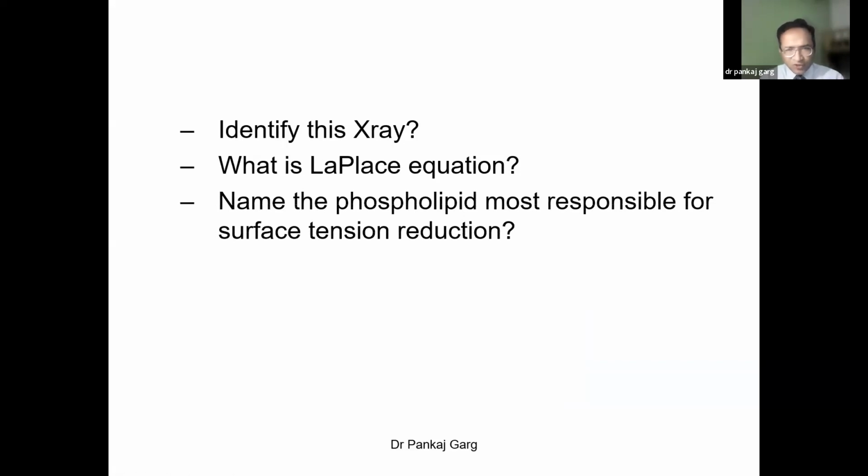So name the phospholipid most responsible for surface tension reduction. Name that phospholipid. Yeah, so Dr. Pranav has answered correctly, 2T by R, right? T should be capital, but yeah, that's all right. Phosphatidylcholine, that's right. Not sphingolipid, it is dipalmitoyl phosphatidylcholine. That's the right answer.